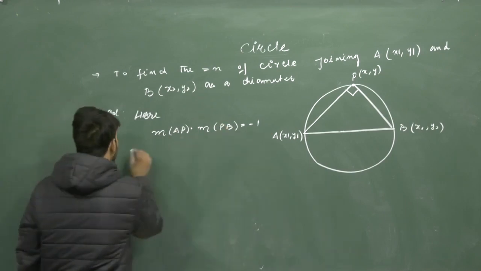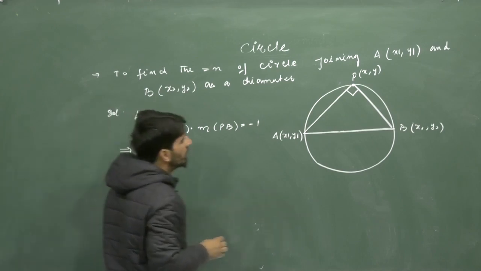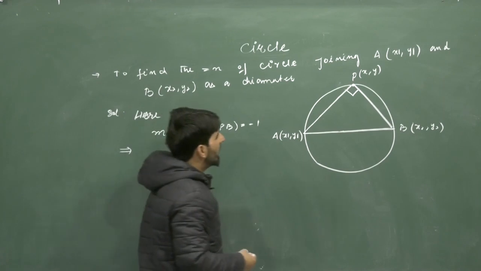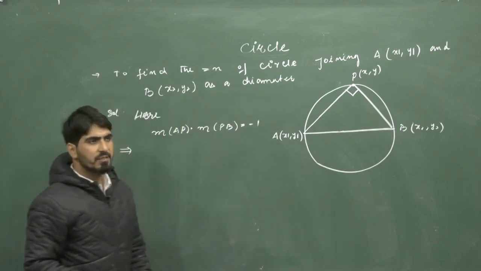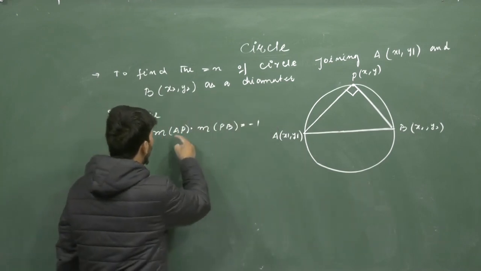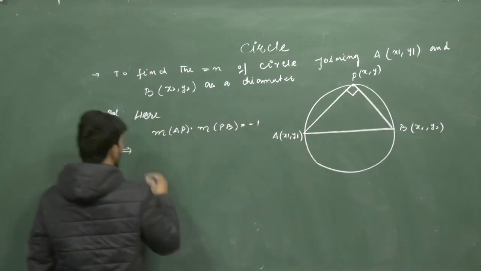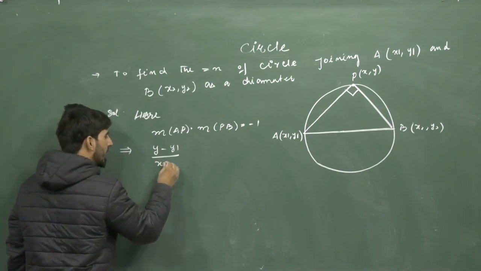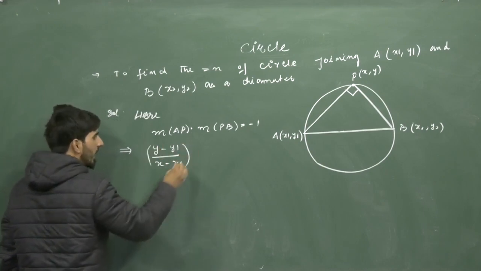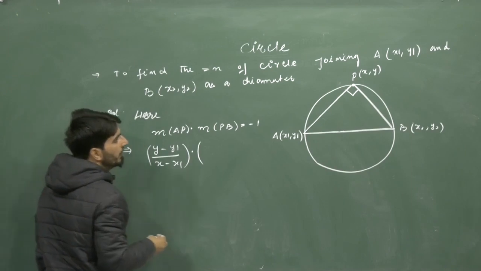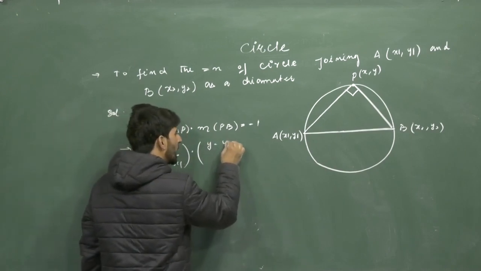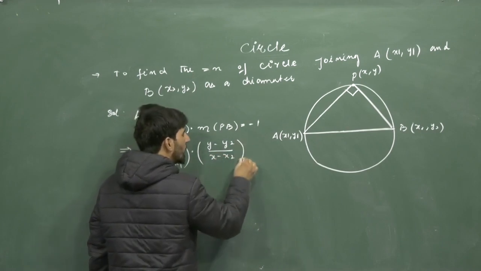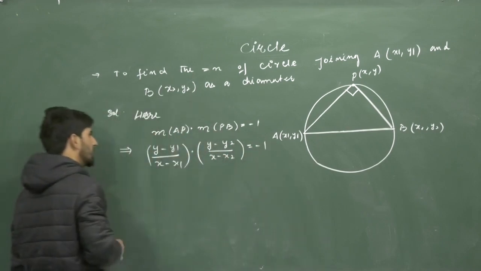So slope of AP, as we know that the slope of a line is the difference of y coordinates divided by the difference of x coordinates, is (y - y1)/(x - x1), and slope of PB is (y - y2)/(x - x2), equal to -1.